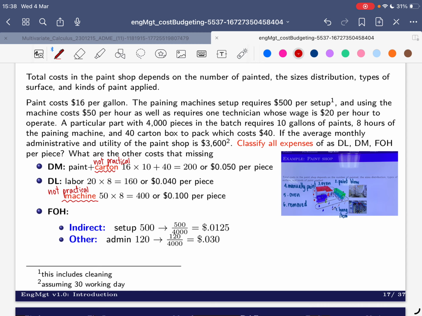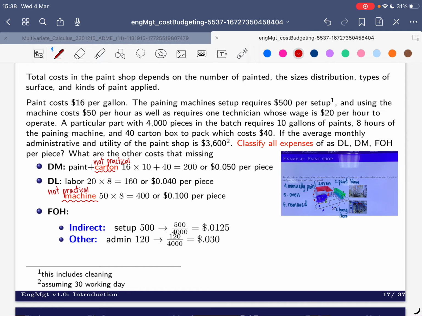Therefore, if you combine paint and carton together, you will get 60. This is the price per gallon of paint, plus $40 or $200. If you divide by the number of pieces, you get around 0.05.